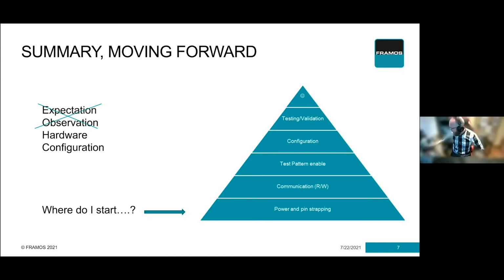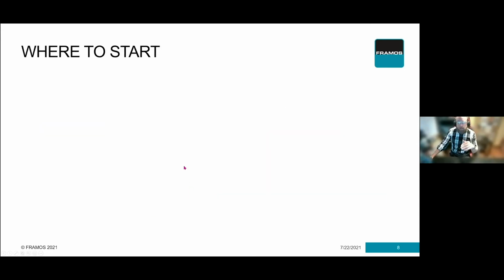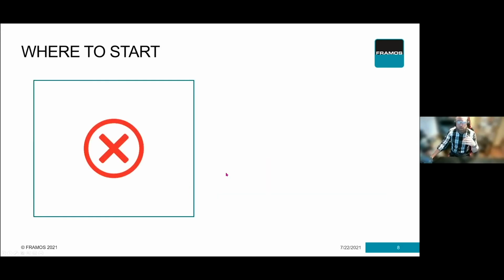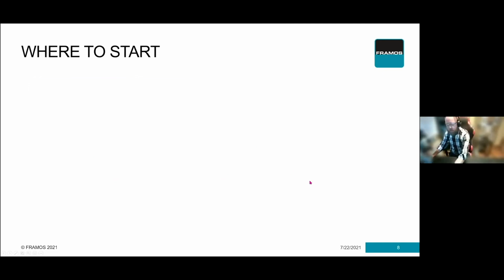So, for example, the most fundamental tool I have in here is my VM. So we have continuity checking as well as voltage checking before we move up to things like oscilloscopes and logic analyzers. If we start at this lower level and build upon that, we can make a decision as we go through this process.